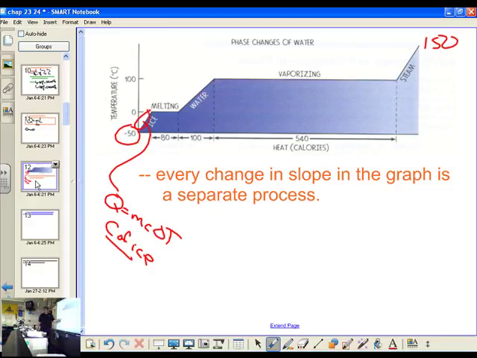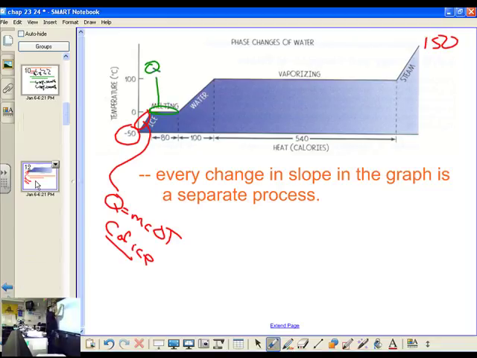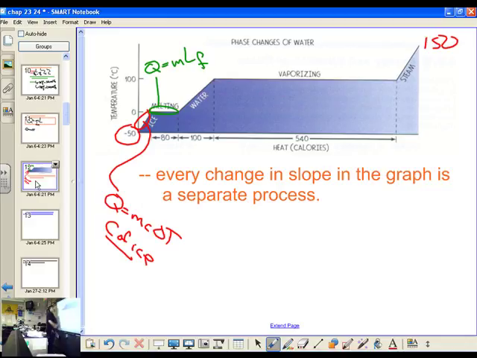So this part right here would be MC delta T, C for ice, right? Because if you have a non-zero slope, you're going to use this formula. Good way to remember it: non-zero slope, use this formula. This section, Q equals MLF.